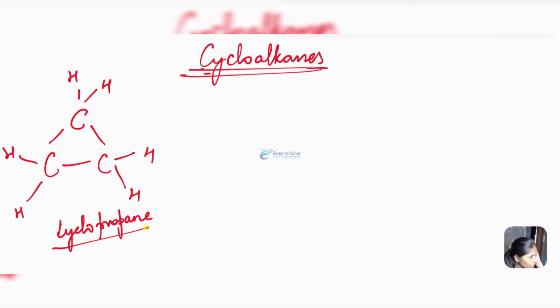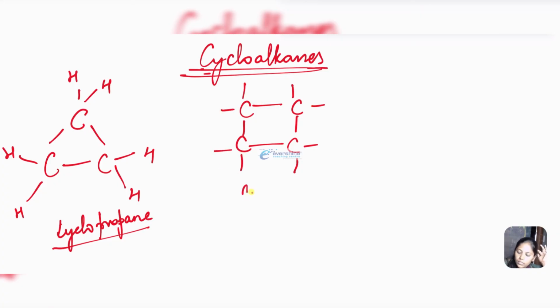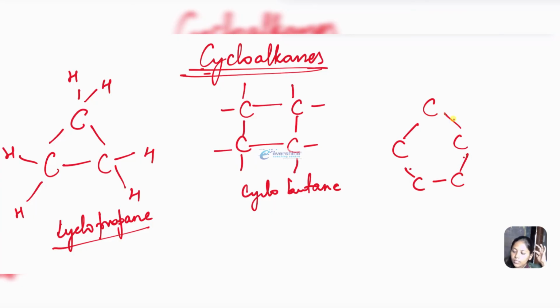Another one is cyclobutane. So this is 4 carbons bonded in a cyclic manner. Another one is cyclopentane. Like this, 5 carbons, 6 carbons, it will go on bonding each other.